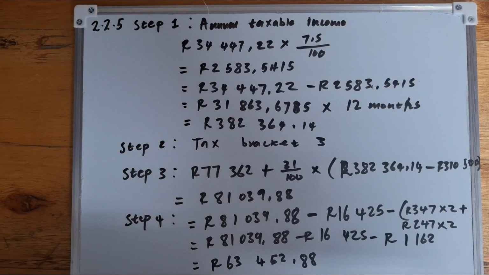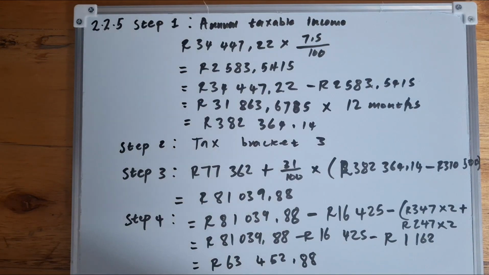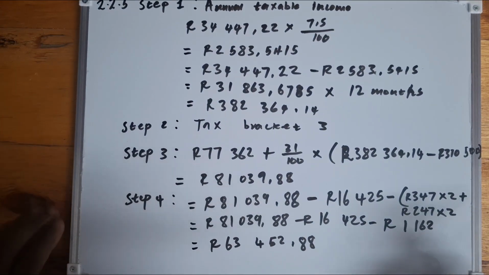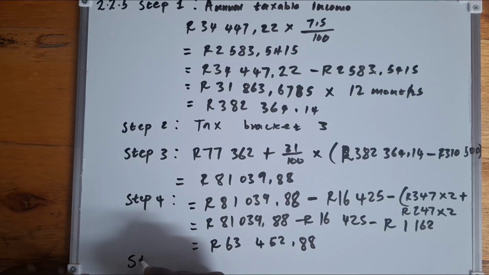So according to the scenario, we are looking for the monthly tax. And remember, in order to look for the monthly tax, we move to the fifth step, which is step 5.